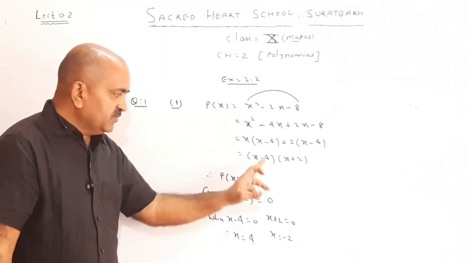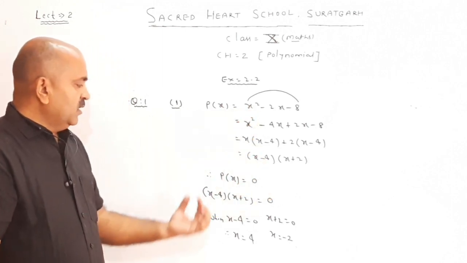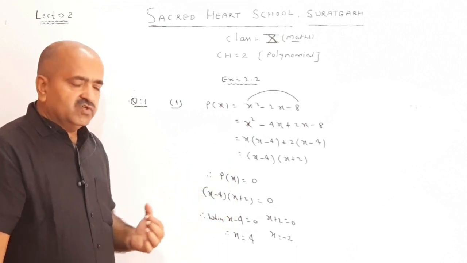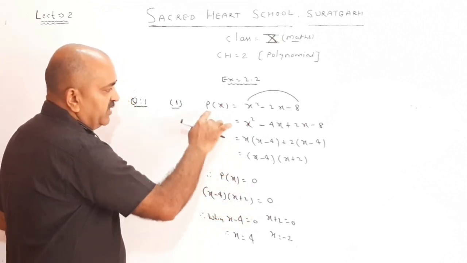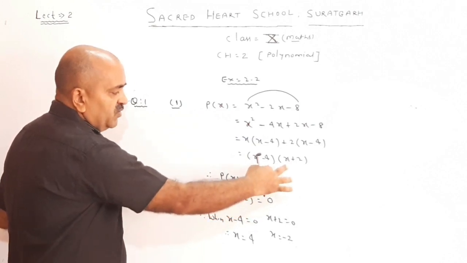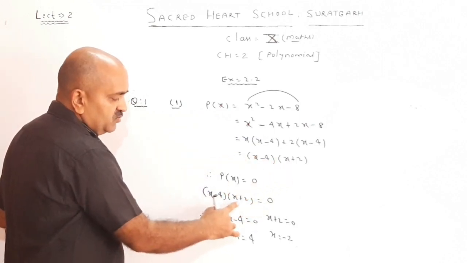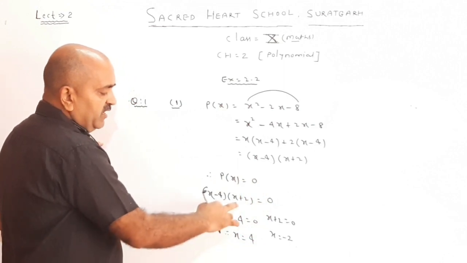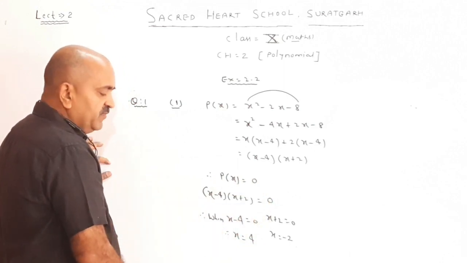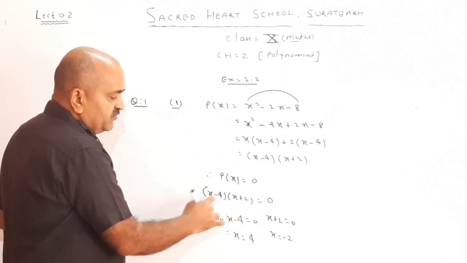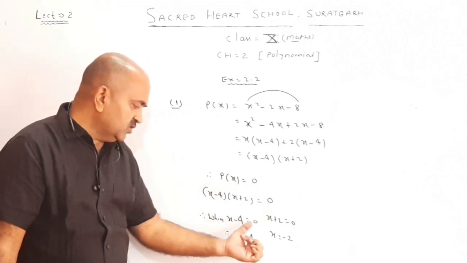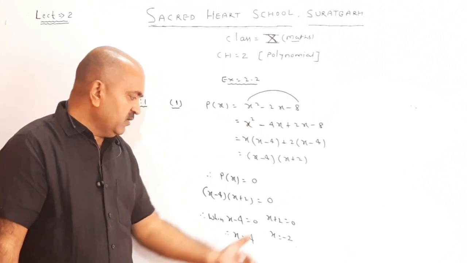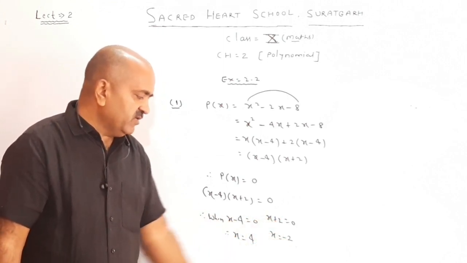First, we use middle term split. Then we find zeros of the polynomial. So we take this value equal to 0. We take p of x equals 0 and the p of x value x minus 4 x plus 2 equals 0. Its product is 0 when either x minus 4 equals 0 or x plus 2 equals 0. So first we take x minus 4 equals 0, then x equals 4, x plus 2 equals 0, x equals minus 2.